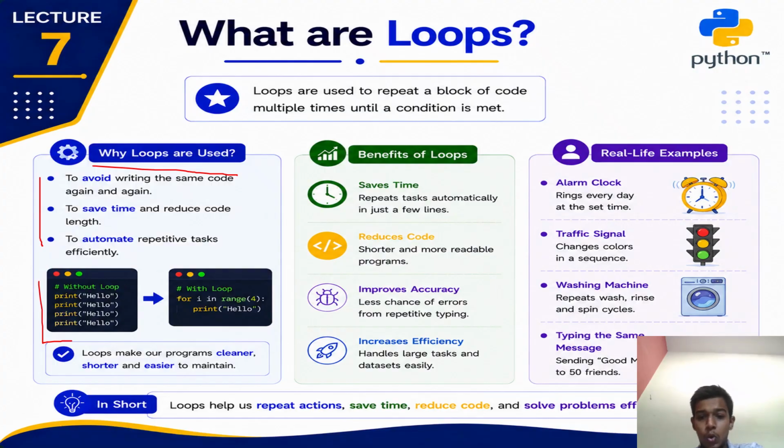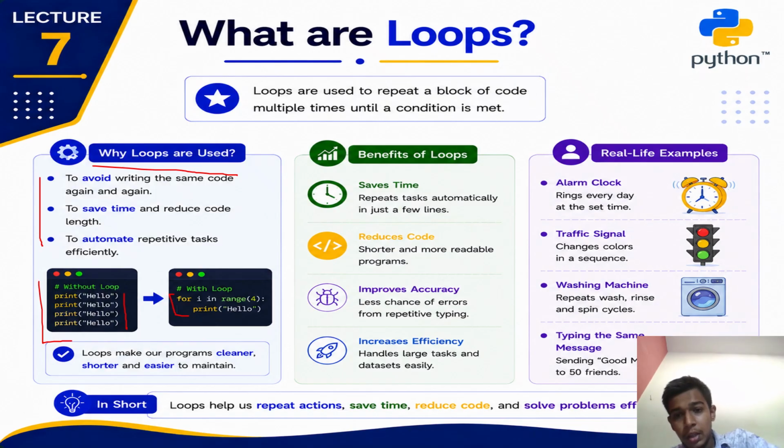Second, loops help us save time and reduce the length of our program. Less code means fewer chances of making mistakes. If the code is longer, the chances of mistakes will be high. If the code is shorter, the chances of mistakes will be low. Third, loops help us automate repetitive tasks. Whenever the same action needs to be performed multiple times, loops are the best solution.